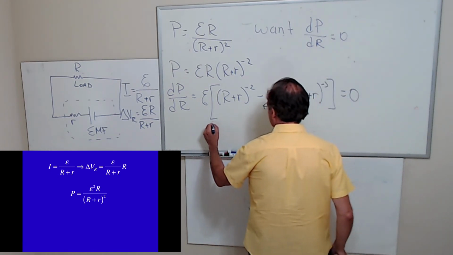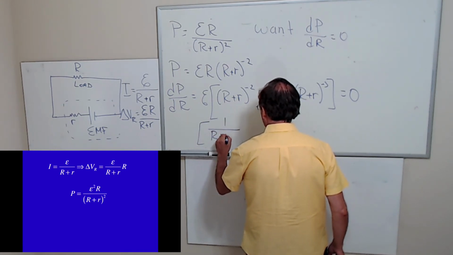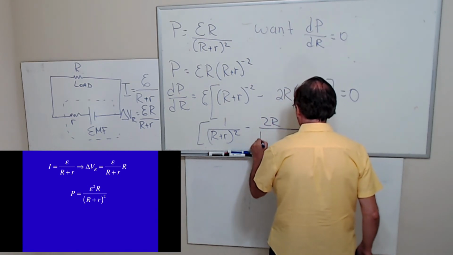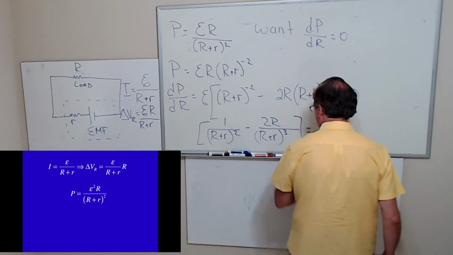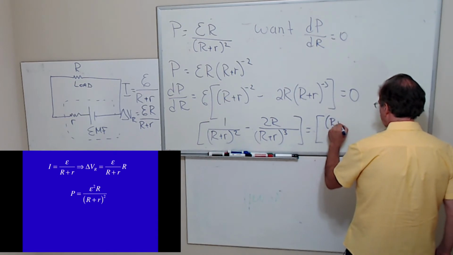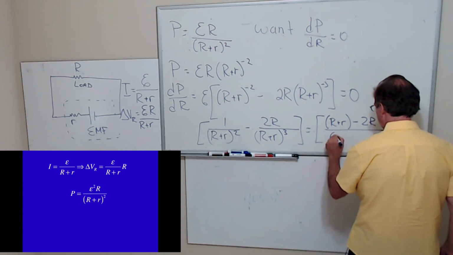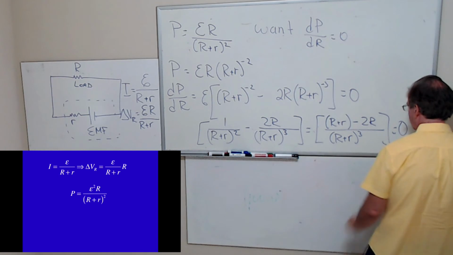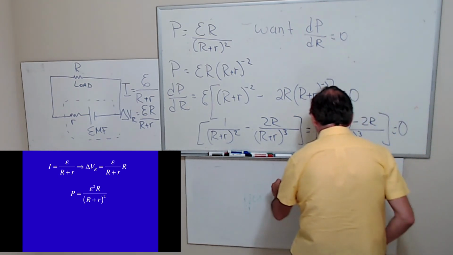Let me rewrite this. I get a common denominator. And let's see, let me keep going. Let me simplify the numerator.